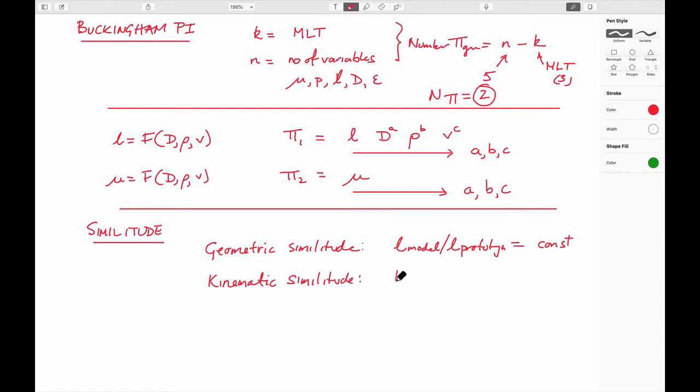In terms of kinematic similitude, typically the Reynolds number of the model is equal to the Reynolds number of the prototype. That means that the flow system geometries are the same.